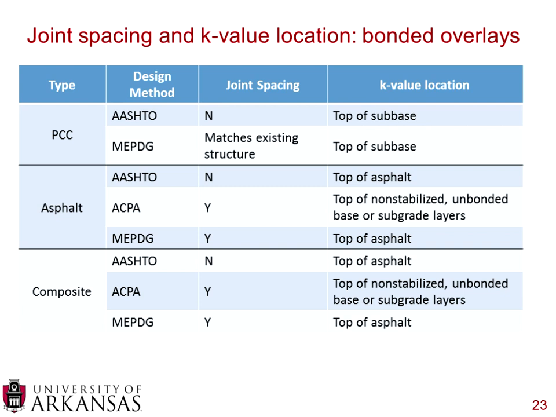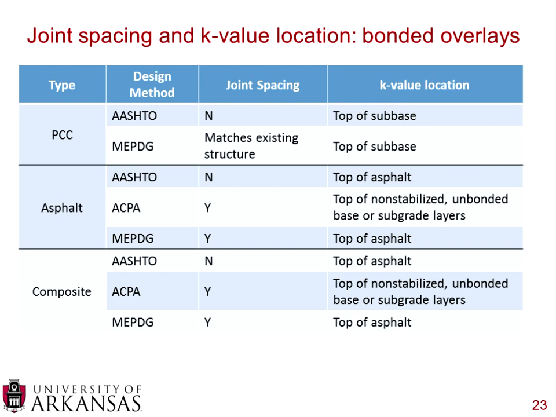For asphalt, you have your three different methods. For the joint spacing, AASHTO does not have any recommendation, but ACPA and MEPDG do give you information about what they recommend as a joint spacing. When you're thinking about the K value location, both AASHTO and MEPDG assume it's at the top of the asphalt layer. When I think of K value, the first thing that pops into my head is the top of the subgrade.